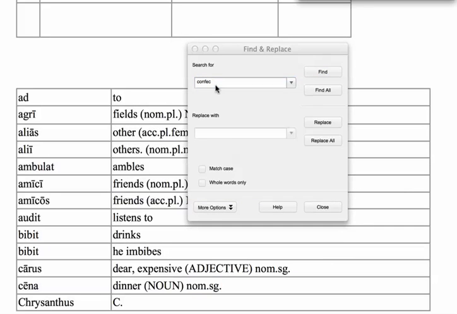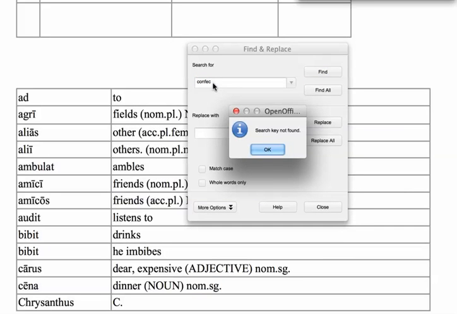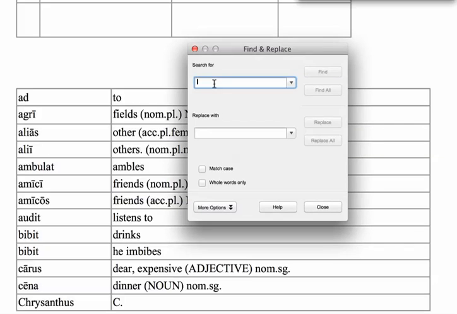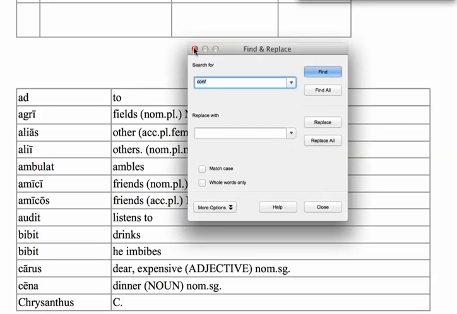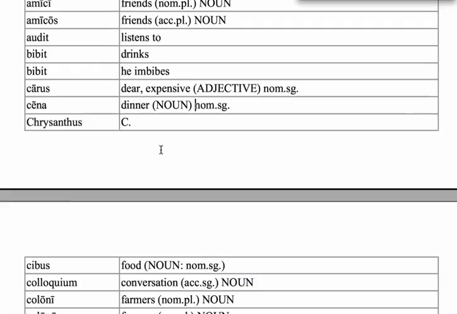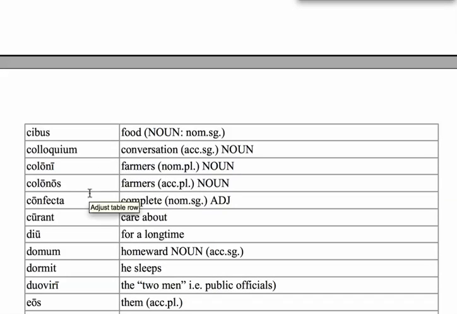The other form we have here is confecta. Well, let's just do it the old-fashioned way. Confecta here. It says complete. It's also nominative singular, which it has to be.